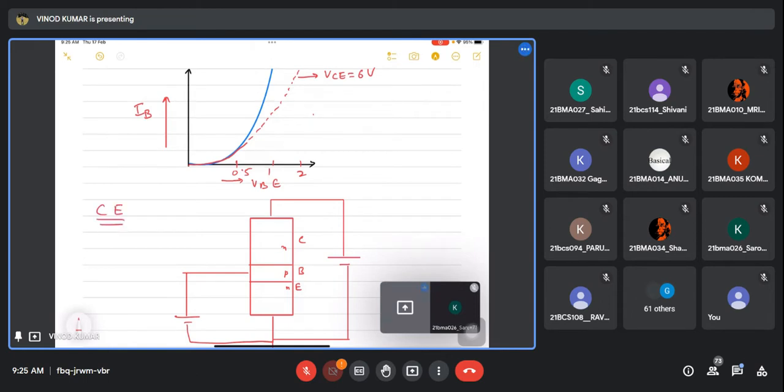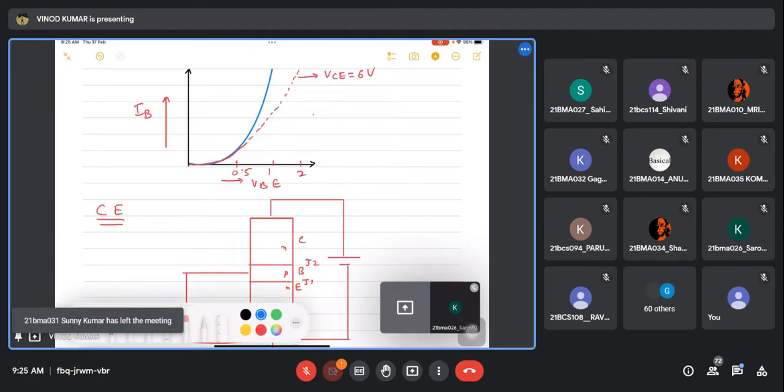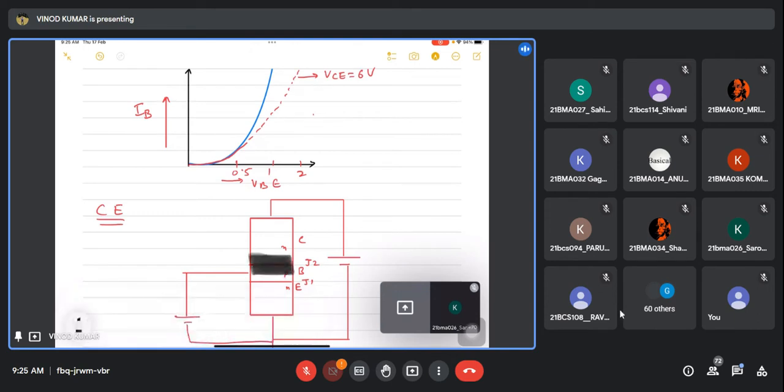If this is forward bias, definitely junction J1 is small, but junction J2 is reverse bias. So what is going to happen is that we have this here. This is the depletion layer.